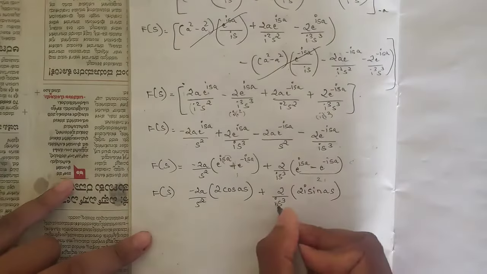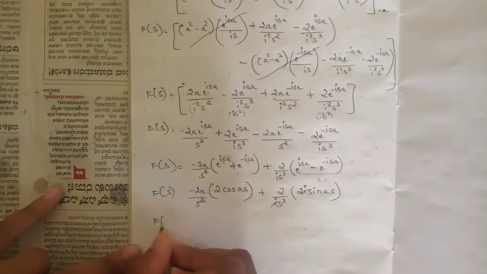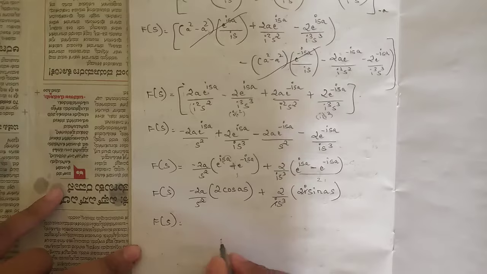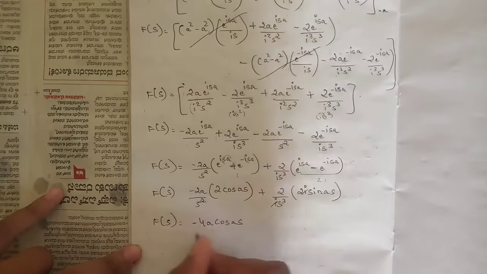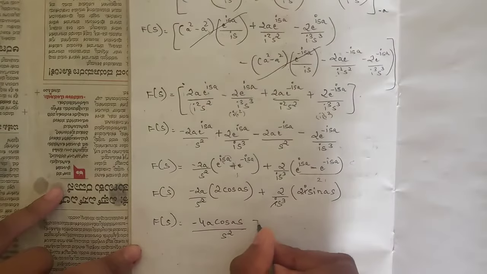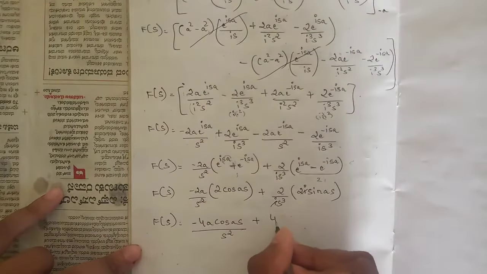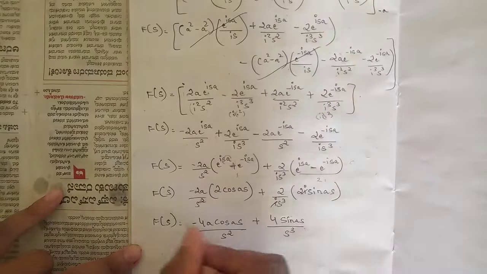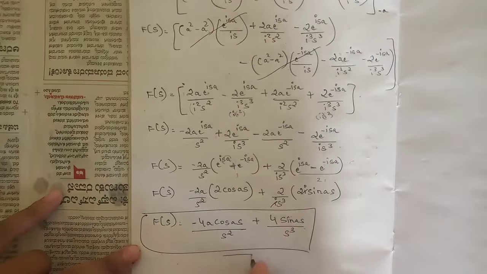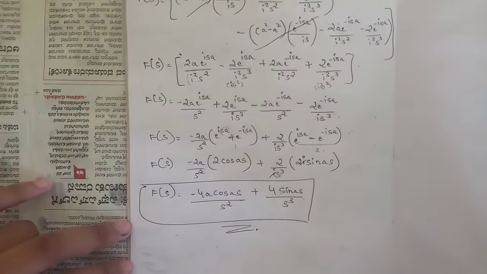Here we can cancel this i. So the remaining terms are 2 into 2 is 4, minus 4a cos as by s square plus 2 into 2 is again 4 sine as by s cube. This is your required final answer for this solution.